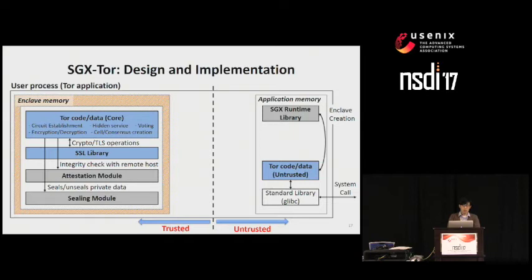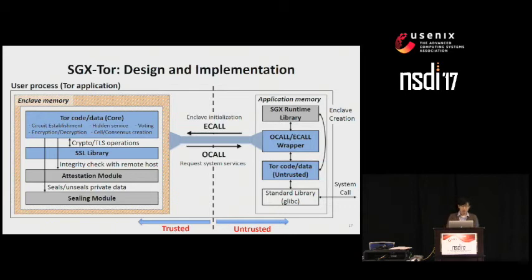In the untrusted region, SGX-Tor has an SGX runtime library and the rest of the Tor operations, which are not sensitive to Tor's security and privacy. As we mentioned in our threat model, SGX-Tor does not trust the operating system. However, Tor must rely on system software to handle several operations that require system calls. Therefore, a trustworthy interface between the enclave and the operating system is required.